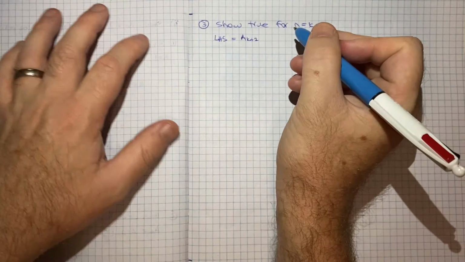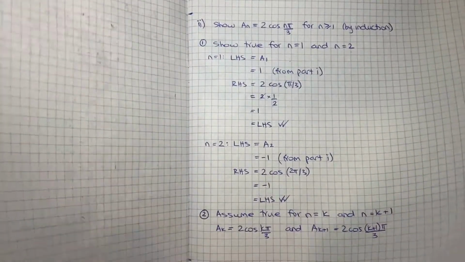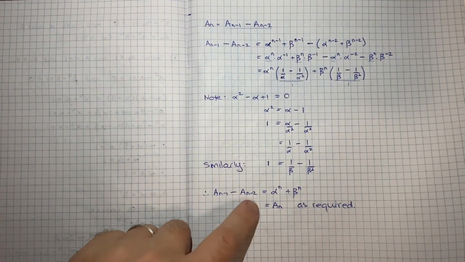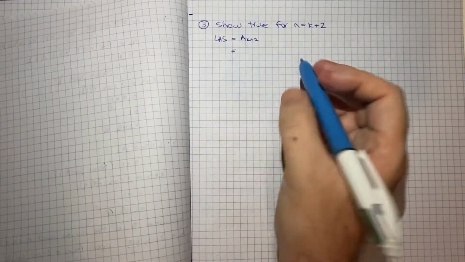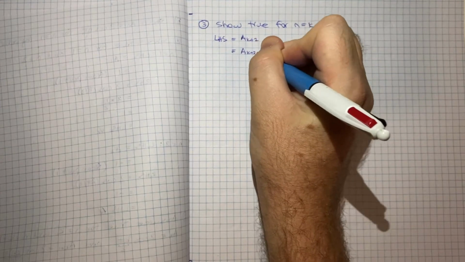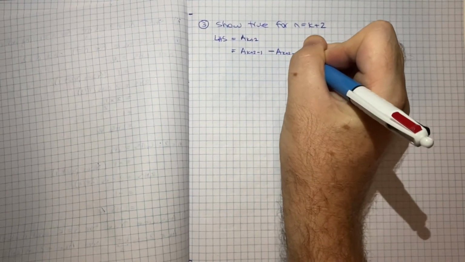And this is where our recurrence from part 1 really comes in handy, because in part 1 we showed an is an minus 1 minus an minus 2. So a k plus 2 must be equal to a k plus 2 minus 1 minus a k plus 2 minus 2.